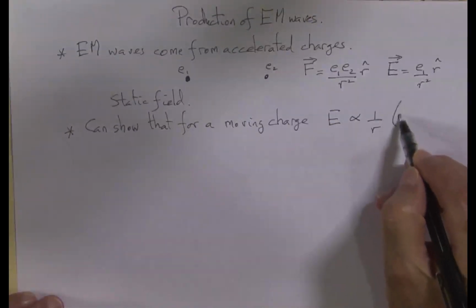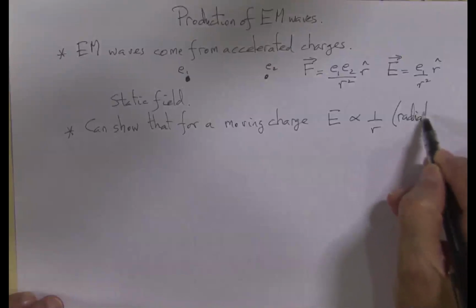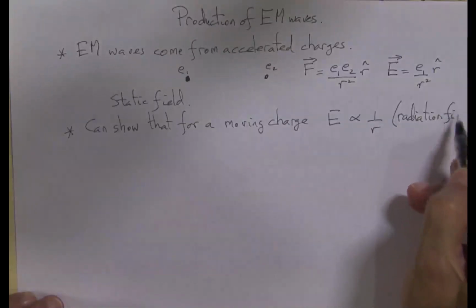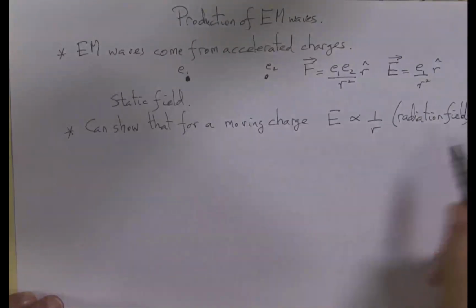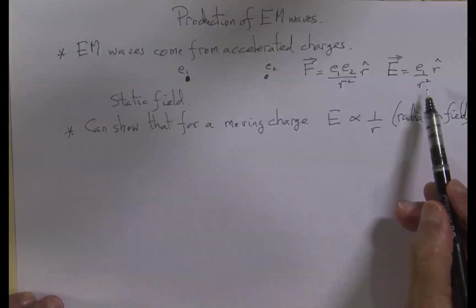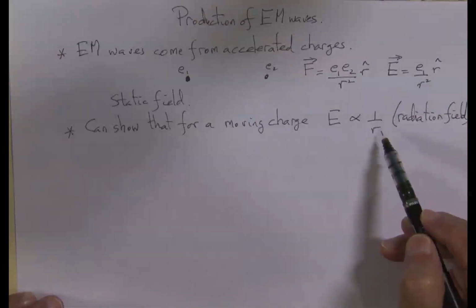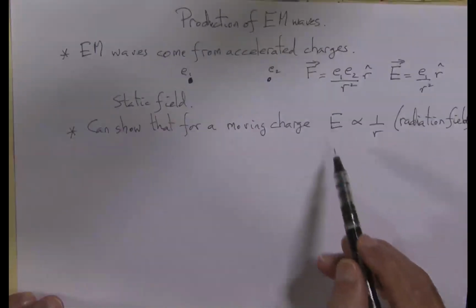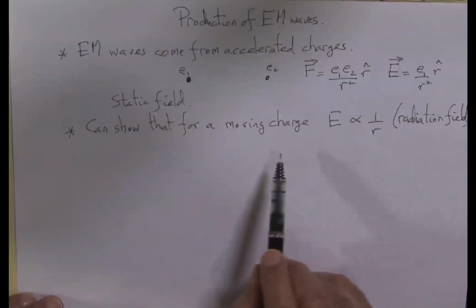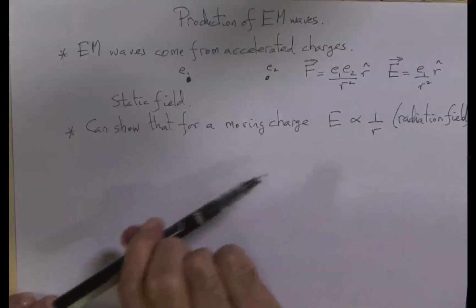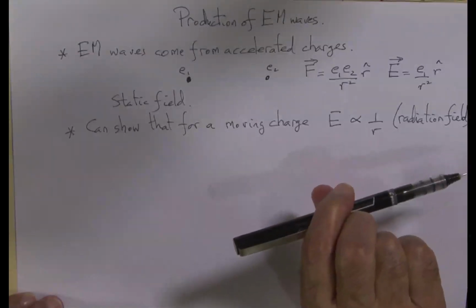And this is what is called the radiation field. So instead of going down very, very rapidly as 1 over the square of the distance, this is going down as 1 over the distance. And this is really what accounts for the electric field that goes out from an accelerated charge.